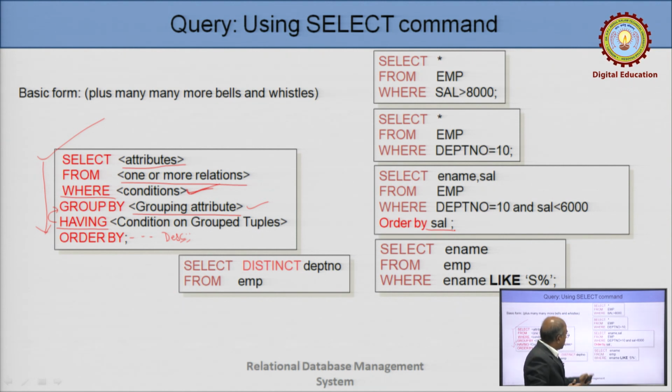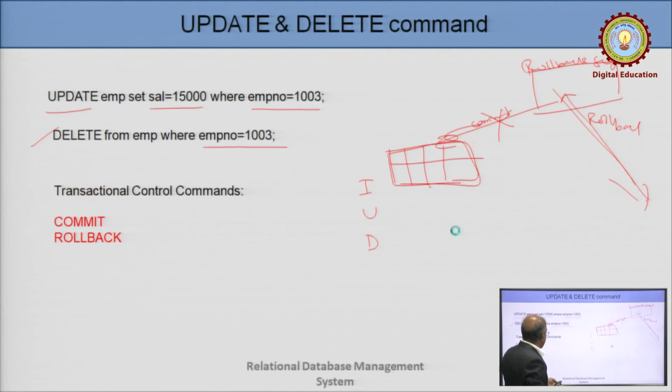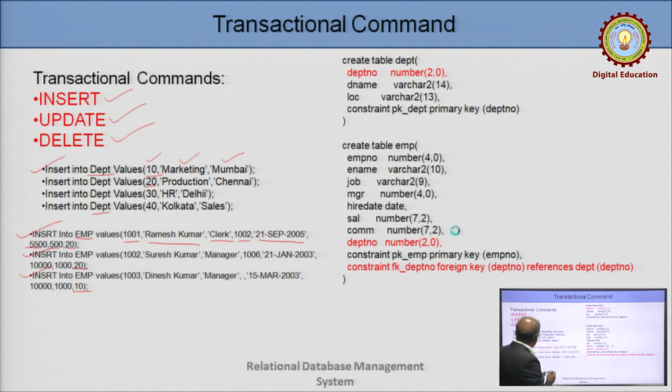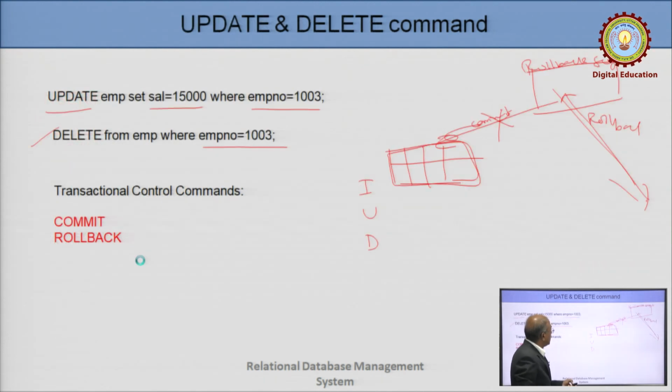This example: select employee name from EMP where employee name like 'S%'. It means the employee name is starting with capital S, and next any string will get displayed. Say in this example, the employee name is starting with S, Suresh Kumar will get displayed.